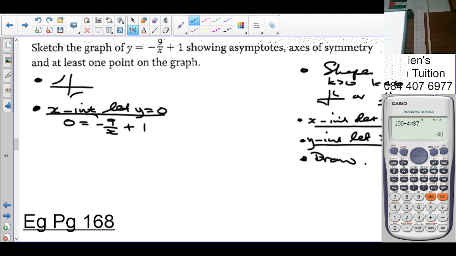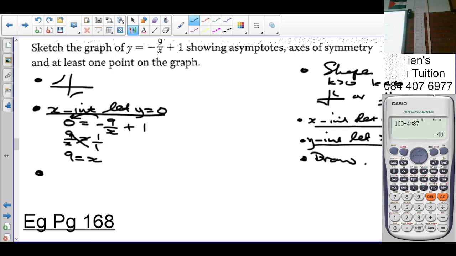Right, so we take the 9 over, we could have taken the 1 over, it gives you 9 over x is equal to 1, which is 1 over 1, not so? Cross multiply. 9 times 1 is 9, x times 1 is x. So you're going to cut your x-axis at 9. Are you all okay with that?